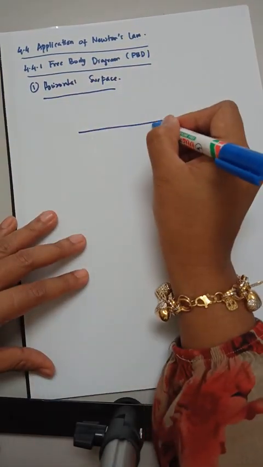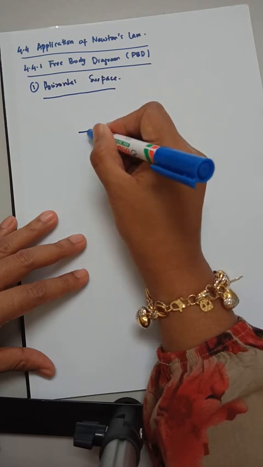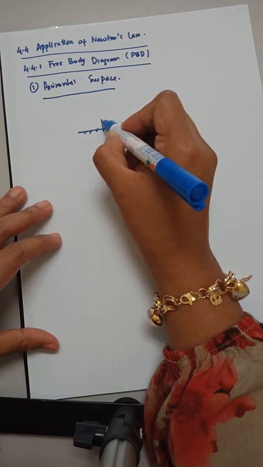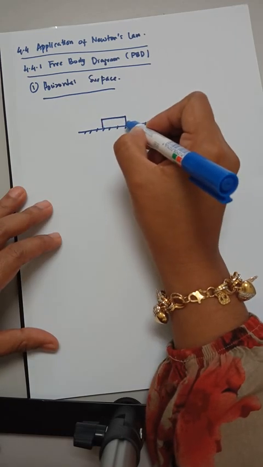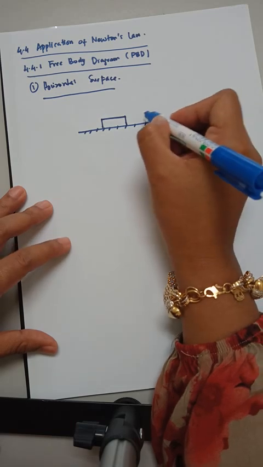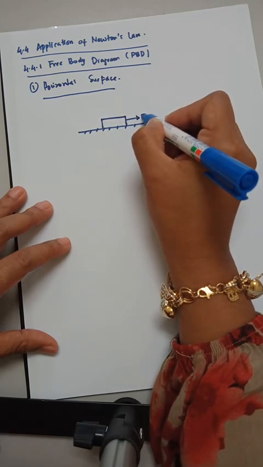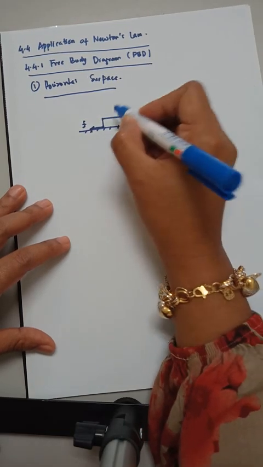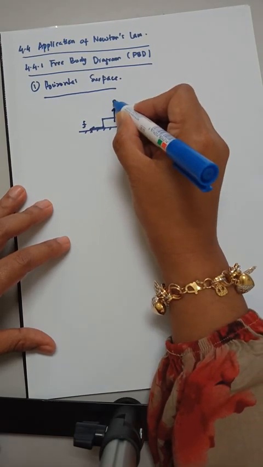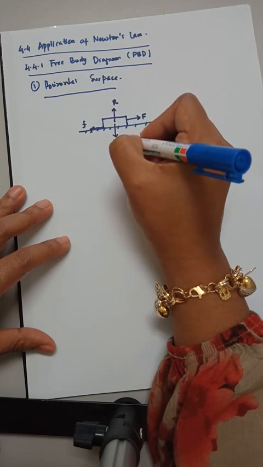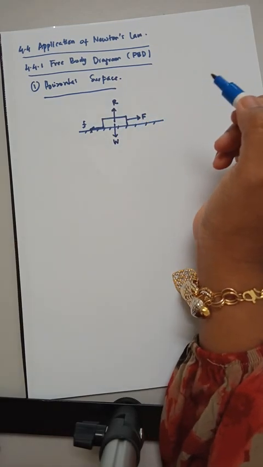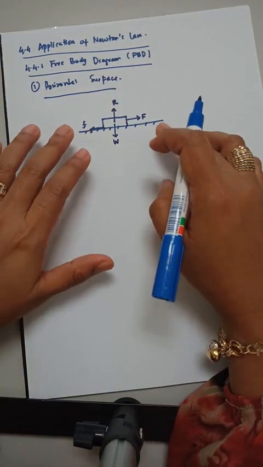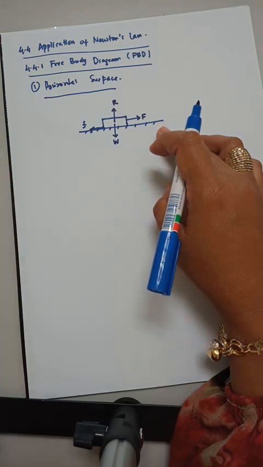Let's say this is the object, and this object has a force F, and we also assume it has a frictional force, a reaction force, and the weight of the object. These are all the forces that exist on an item or body.